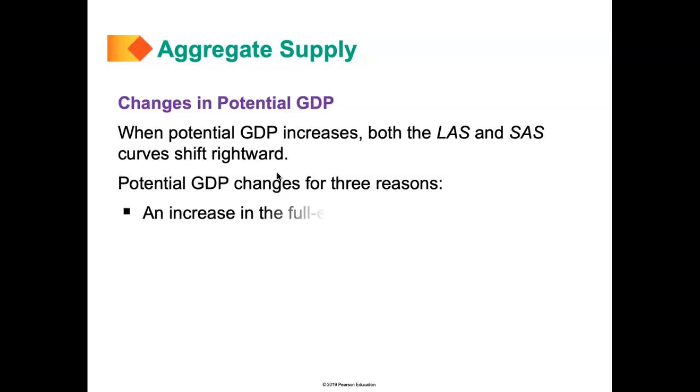Changes in potential GDP happen in a country if there's an increase in what we call the full employment quantity of labor. So anything that increases employment of labor is going to affect potential GDP. An increase in the full employment quantity of labor will increase potential GDP.